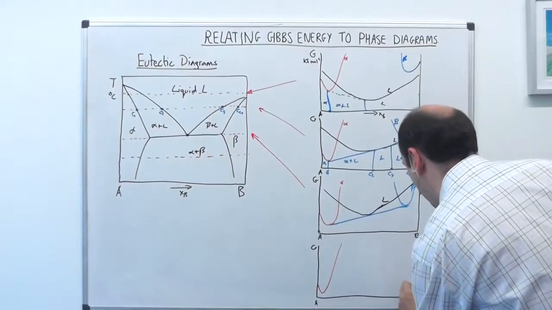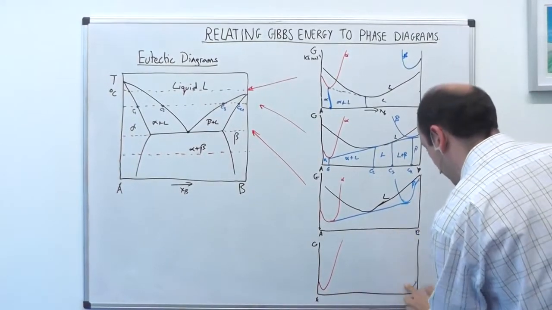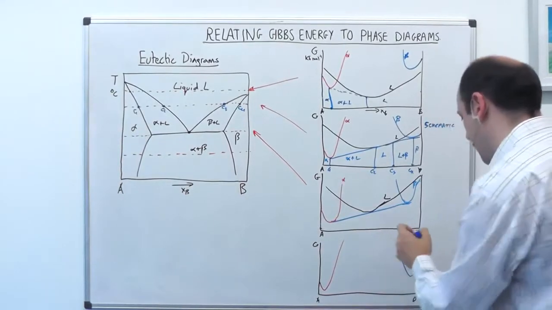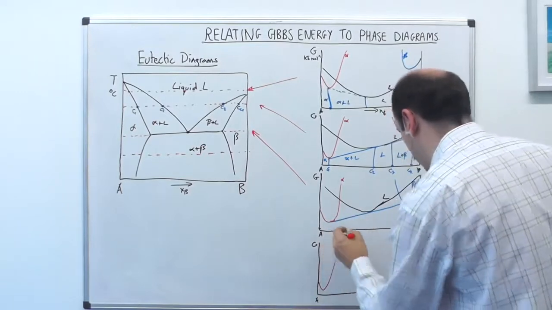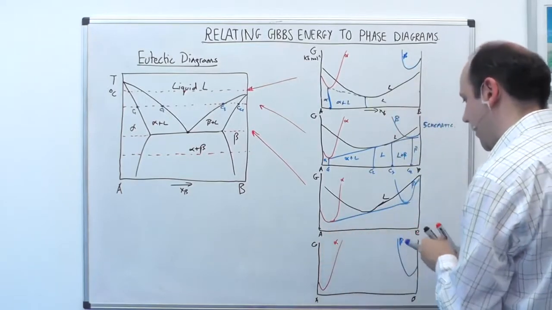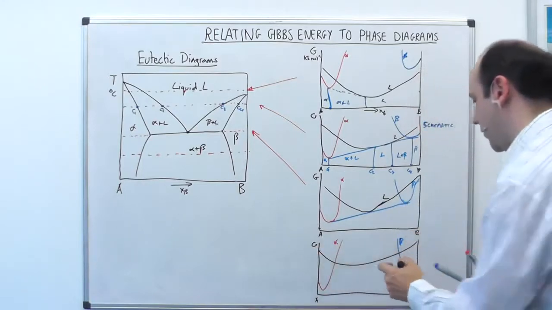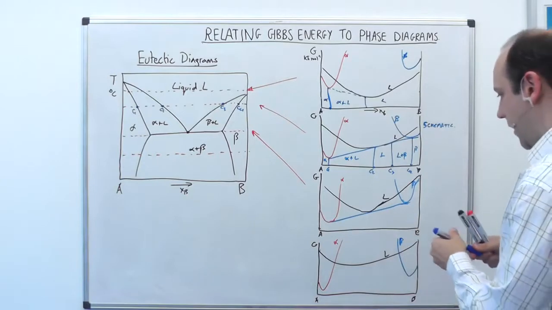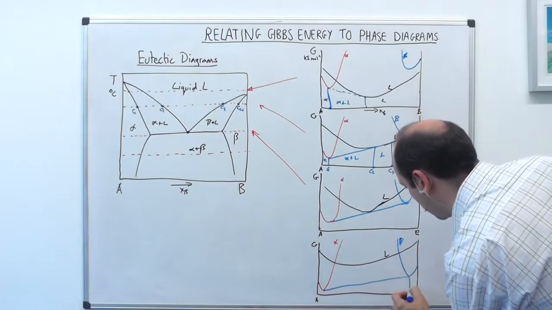We'll have our beta phase, something like that. Actually, let's put it at a slightly different position. Let's put it somewhere like there. That's our beta. That's our alpha. And the liquid will be so high in energy that you can never form a common tangent involving it. So what you'll have then is a common tangent just between the alpha and beta.